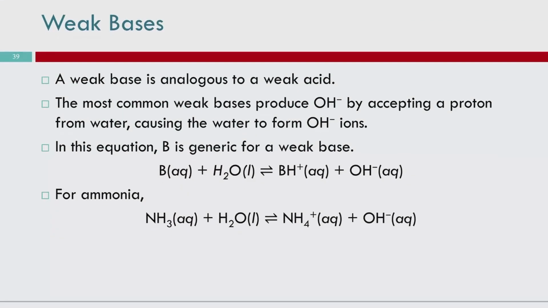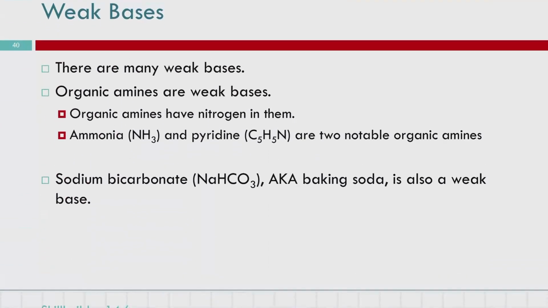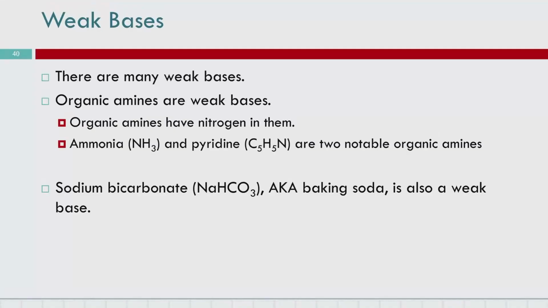We also have weak bases. Weak bases are like weak acids. They're weak, but they're bases. They can produce OH minus, but they do that by accepting a proton from water, and they cause the water to form hydroxide ions. Generally, organic amines, which have nitrogen in them, are weak bases.